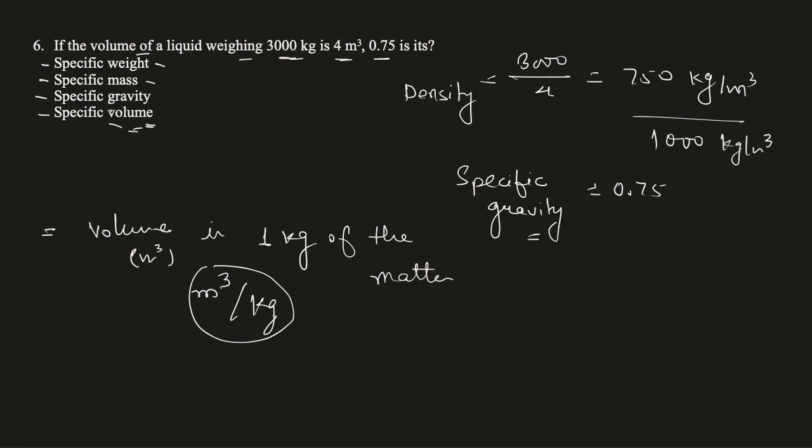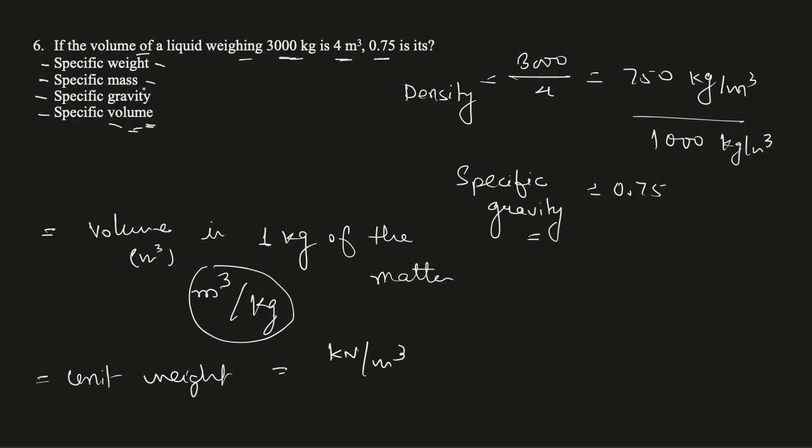If we talk about specific weight, the more commonly used term is unit weight. That is the weight of the matter per unit volume. So it will have the units of kilonewton per meter cube.